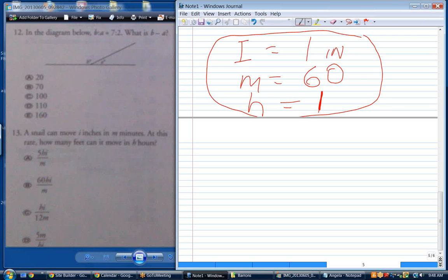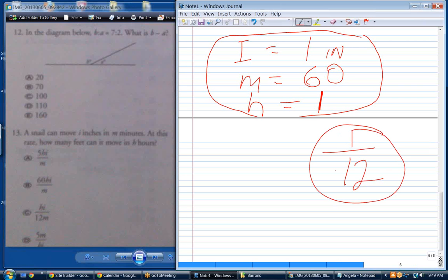If a snail can move 1 inch in 60 minutes, then that is 1 hour. Right, but it's only going 1 inch in 1 hour. So how many feet does it go in 1 hour? 1/12. So that's our answer, based on the 3 numbers you picked.